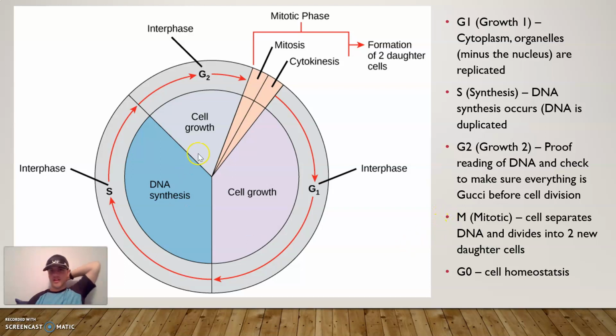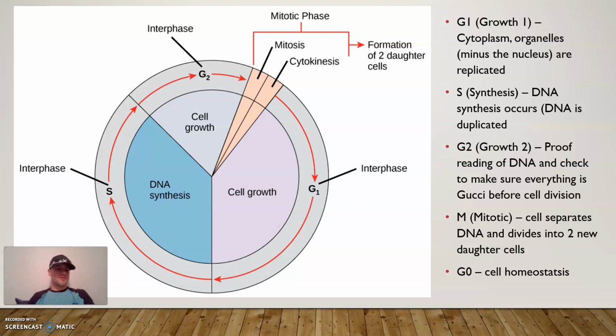Just make sure everything's good, and then once everything's good in G2 phase, then you can proceed further into this thing called M phase, which stands for mitotic phase. And we're going to talk about mitosis in great detail in the next video, but this is the process by which cells separate the DNA into two new cells and then divide the two new cells into two new cells.